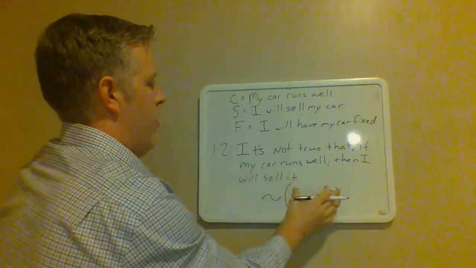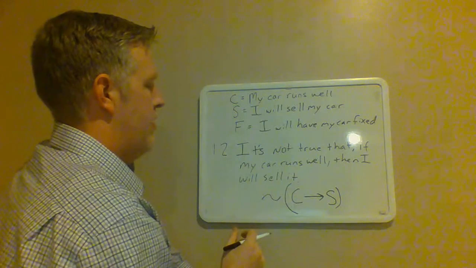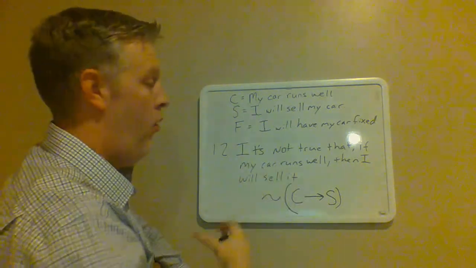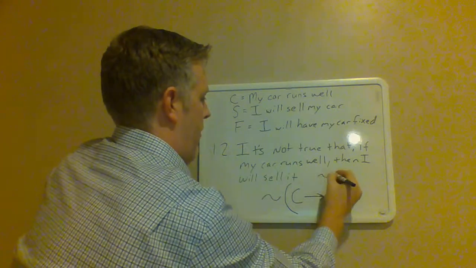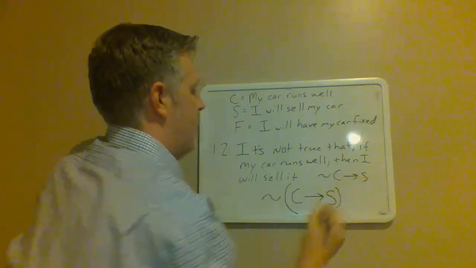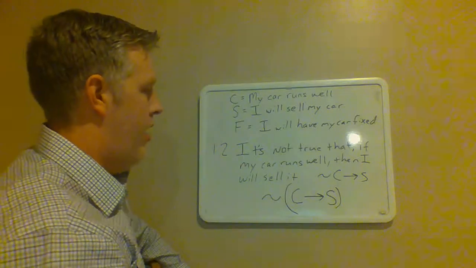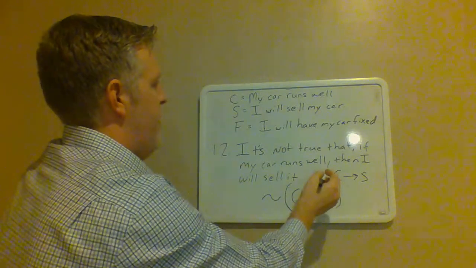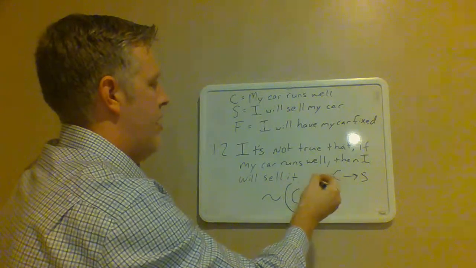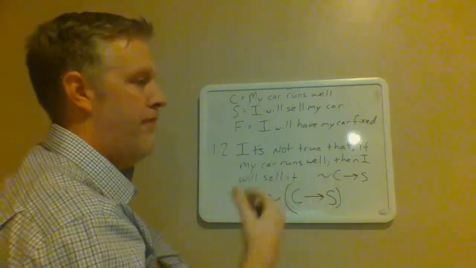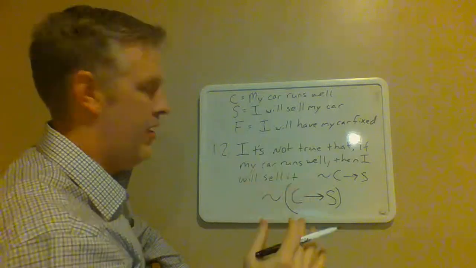And again, it's important that you have the parentheses in the right place, right? And you're negating the whole thing, not just C, right? So if you only had this, that's a totally different claim, right? That would be if my car doesn't run well, then I'll sell it, right? That's not what we're saying. We're saying the whole conditional that if my car runs well, then I'll sell it is not the case, right?